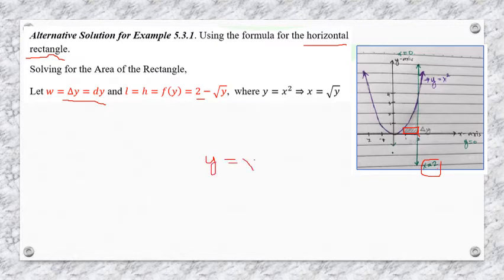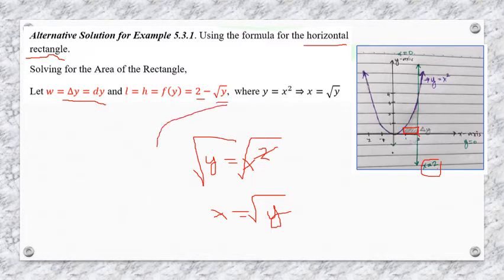So, y equals x squared, in terms of x, okay, square root natin both sides. So, we have x is equal to the square root of y, which means x in terms of y. So, magiging 2 minus the square root of y. So, eto siya, class, galing siya dito, where y is equal to x squared implies that x is equal to the square root of y.